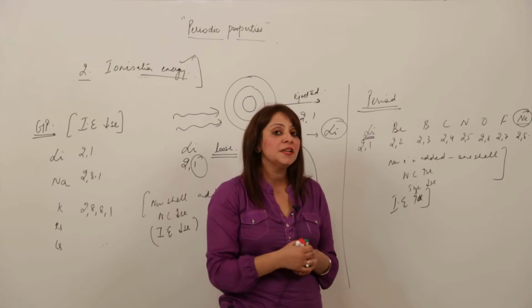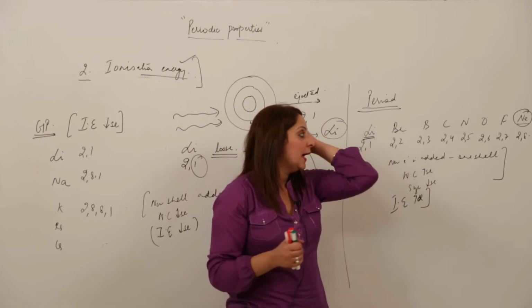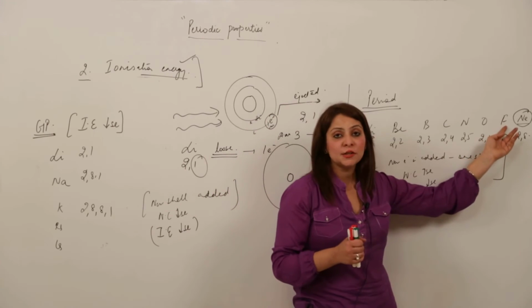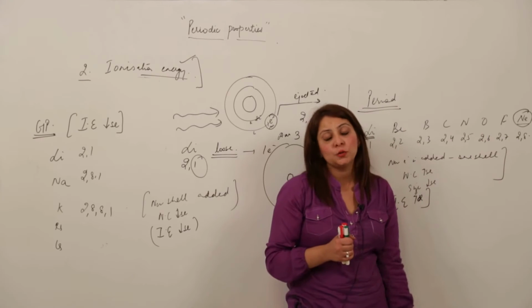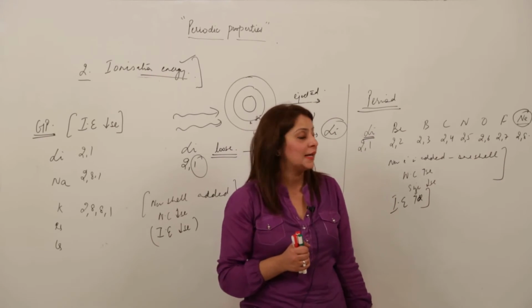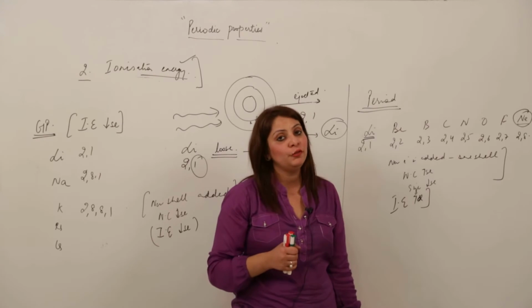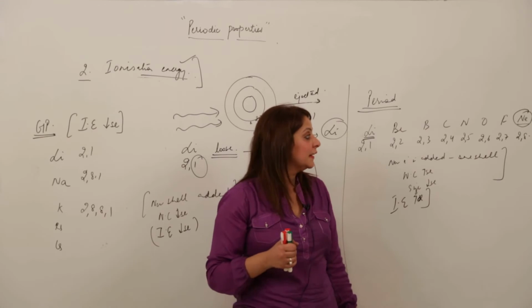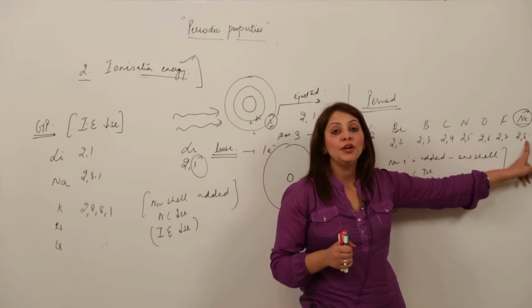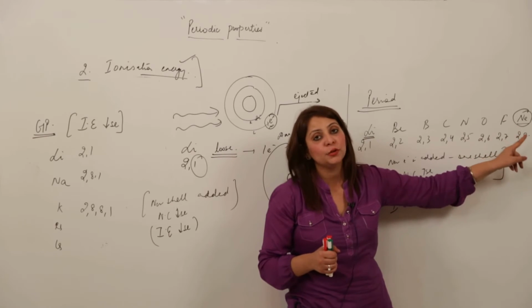Now the question must be striking your mind: ma'am, you said that fluorine is the smallest one and neon is not the smallest, because it has a special van der Waals force, which is a weak force in noble gases. But still the ionization energy of neon is greater than fluorine. You know the reason behind it? It has already fulfilled its octet. It has the noble gas configuration, a stable configuration.